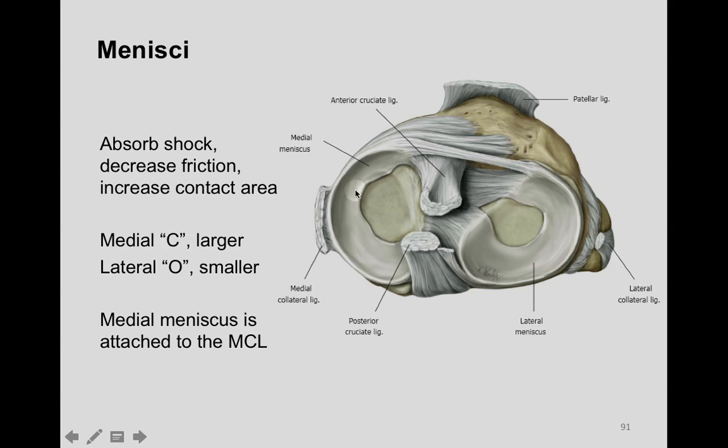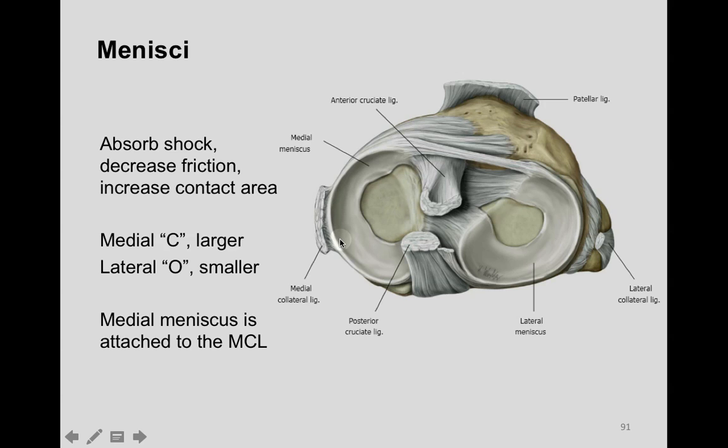The medial meniscus is much larger than the lateral meniscus, and that makes sense because the medial femoral condyle is much larger than the lateral femoral condyle. The medial meniscus is also approximately shaped like a C, whereas the lateral meniscus almost comes together completely to form the letter O. The medial meniscus is also closely adherent to the medial collateral ligament.